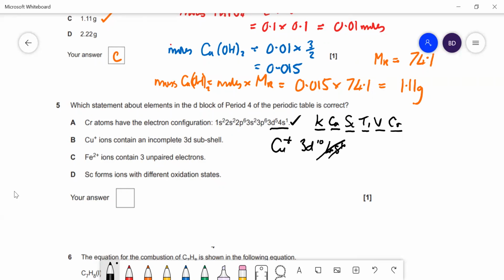Fe2+ contains 3 unpaired electrons. Well, Fe is the next one after chromium. It's manganese after chromium, then iron.